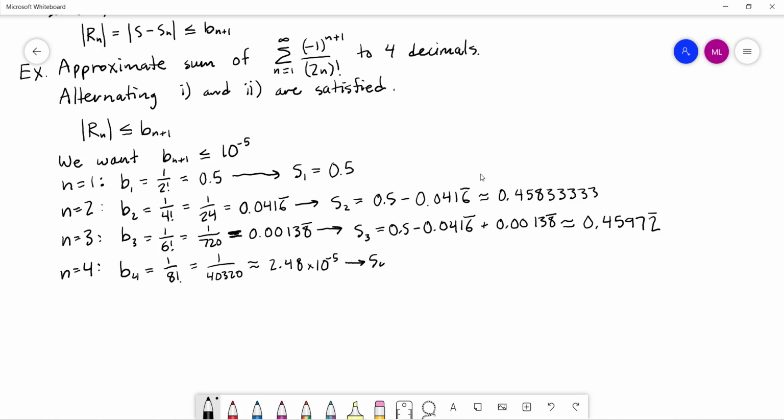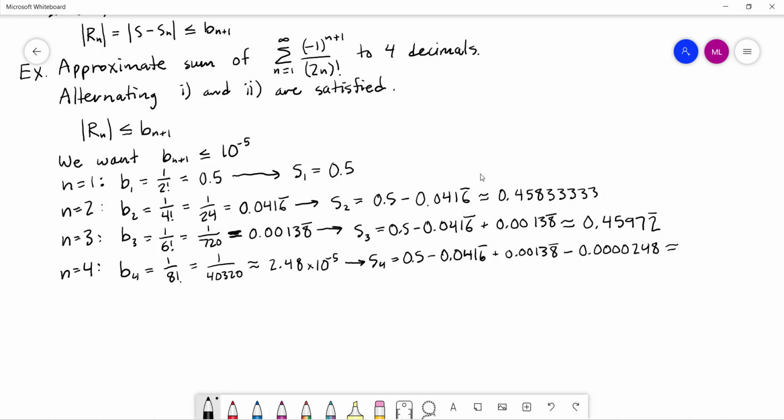So S4 is the positive 0.5 minus 0.0416 repeating plus the 0.00138 repeating. And now we're going to subtract off roughly 0.0000248-ish.